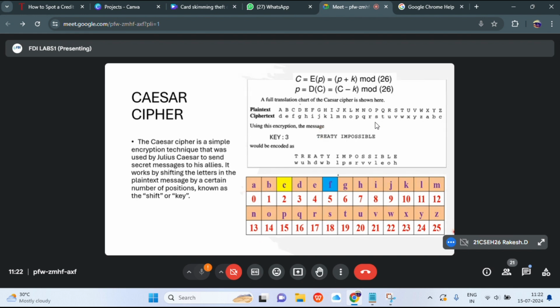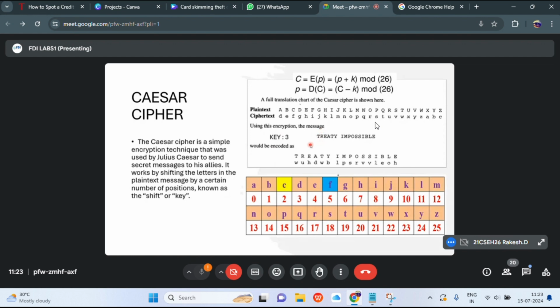We'll see here that the alphabets from A to Z are numbered from 0 to 25. We have the plain text "treaty impossible" and our key value is given as 3. Now we want to make the ciphertext of "treaty impossible". How will we make it?